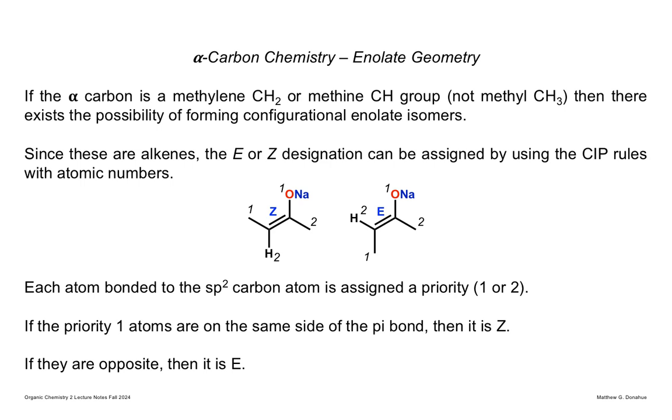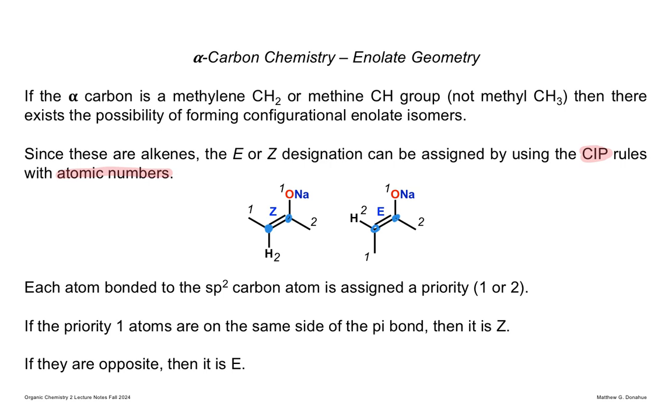So just as a review here about assigning E versus Z. Again, you're using the CIP rules, which are based on atomic number. So you look at the carbons of the alkene as highlighted in blue, and then the two substituents bonded to each.